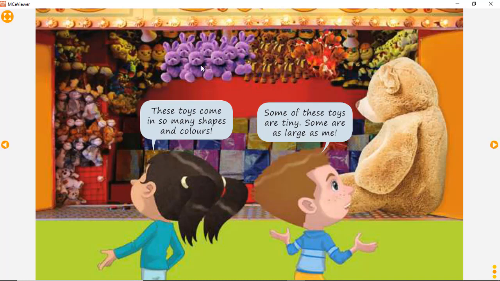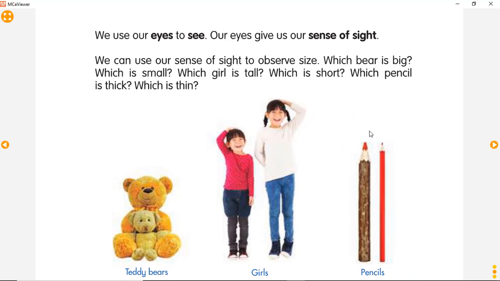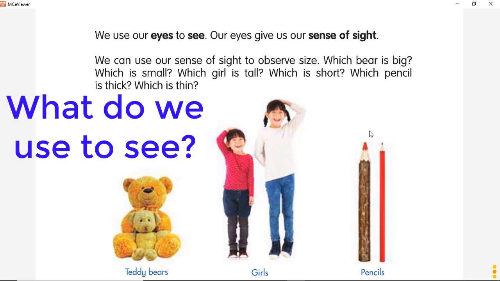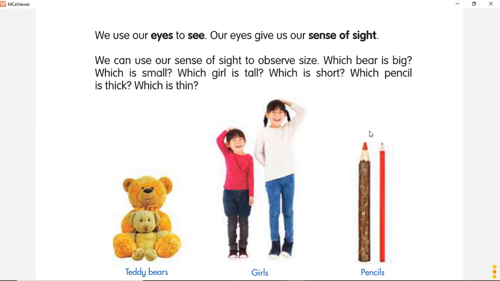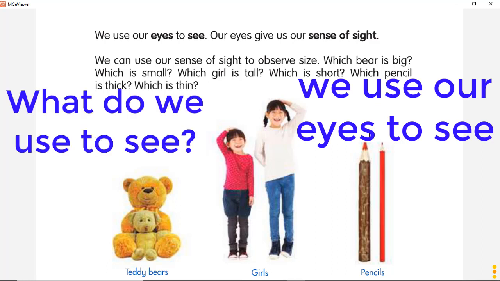Okay, now, open page 37. We are going to learn about sense of sight. What do we use to see? If you find a question like this, what do we use to see? We use our eyes to see. Kalau kamu menemukan pertanyaan seperti ini, jawabannya adalah we use our eyes to see.